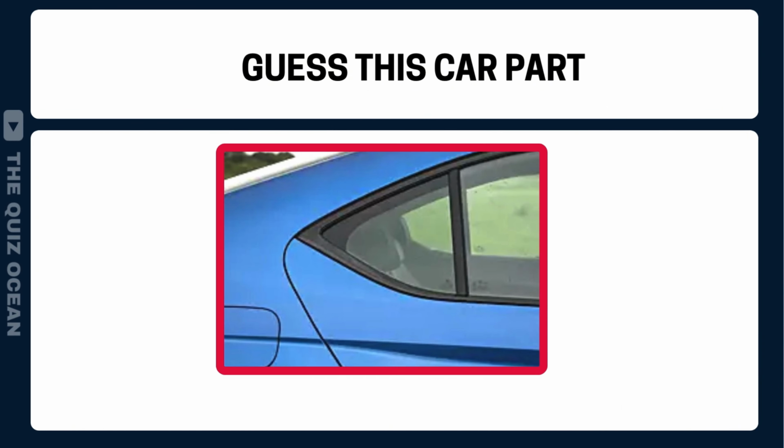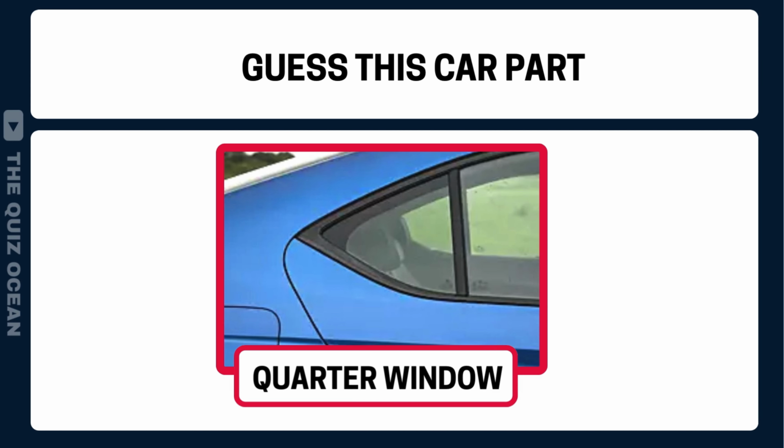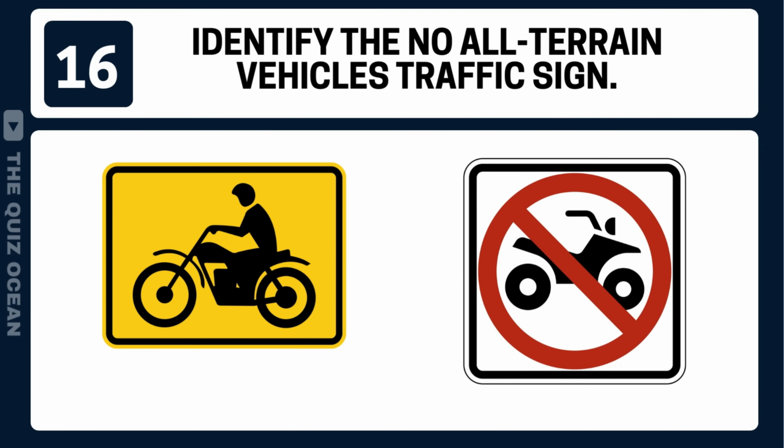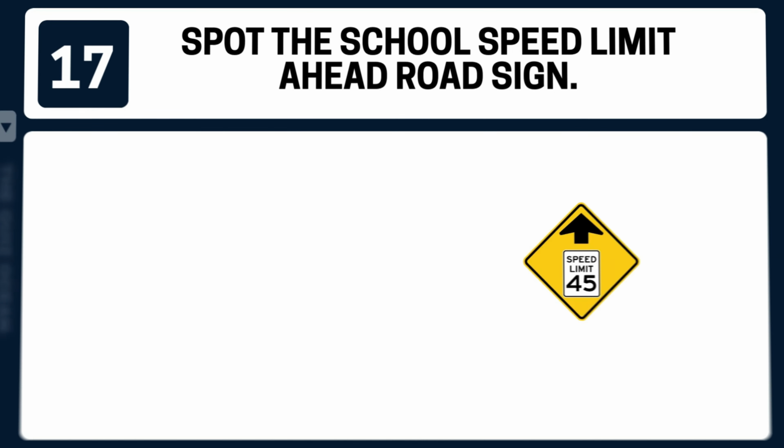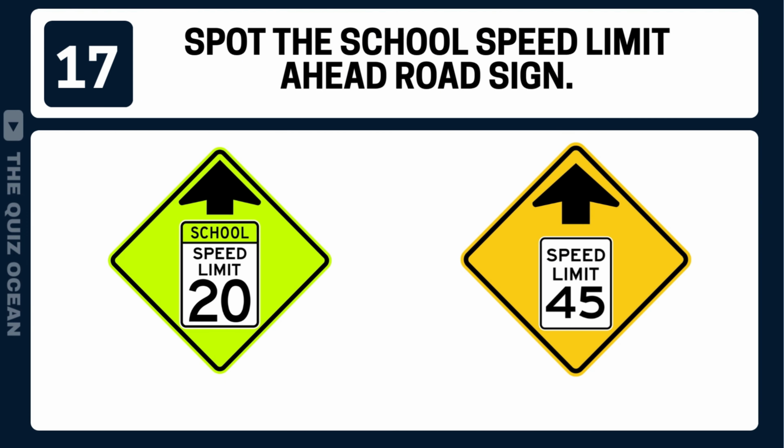Guess this car part? You are looking at the quarter window. Identify the No All-Terrain Vehicles traffic sign. Spot the school speed limit ahead road sign.